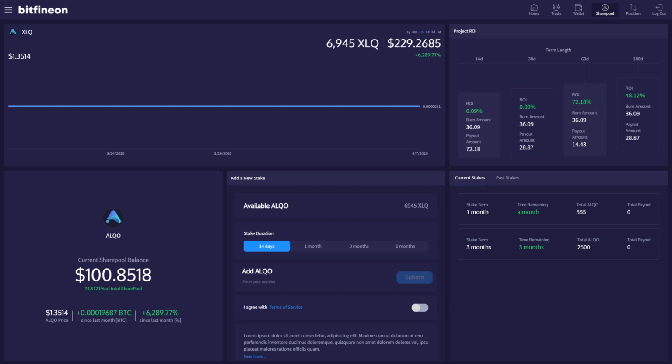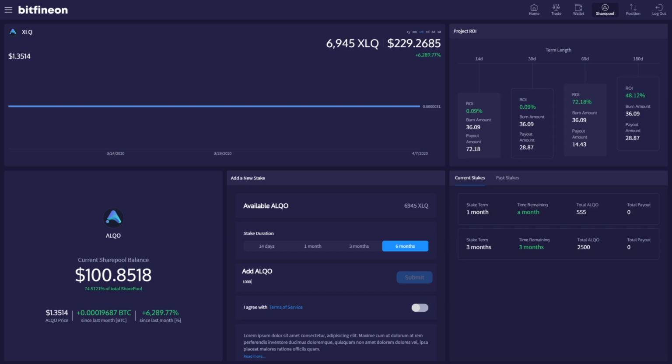So let's do a 6 month. Let's add in 1,000, right? Because for people who stake for 6 months, we're going to have an additional incentive for them locking in their XLQ to the share pool for that length of time. An additional incentive for them to earn a percentage off all of their trading fees, right?